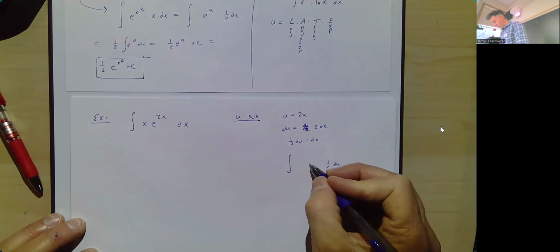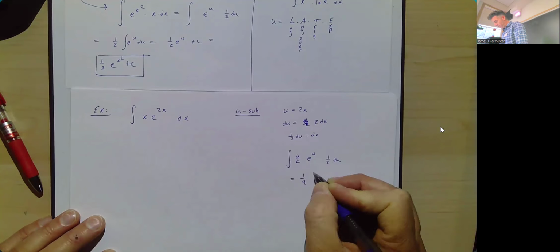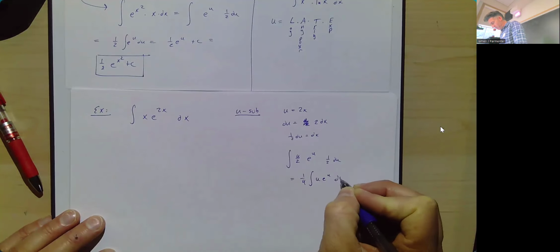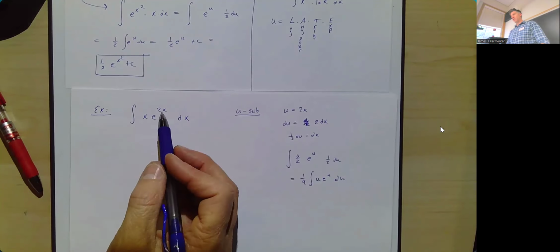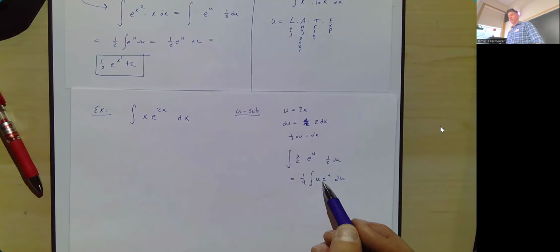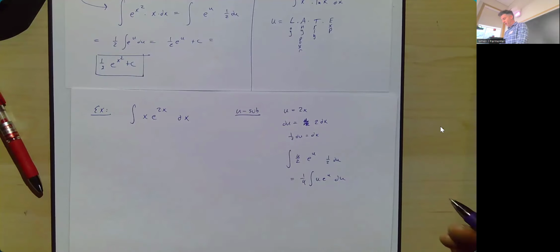And my leftover x here, if I solve for x, is equal to u divided by 2. And so really, yeah, it's different a little bit. It's off by a constant. It's equal to 1/4 integral of u e to the u. But that's still essentially the same integral I had before. The integral of x e to the 2x is pretty much the same as the integral of u e to the u, just by a different constant. So this is not the way to go.